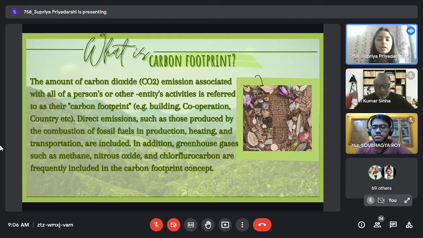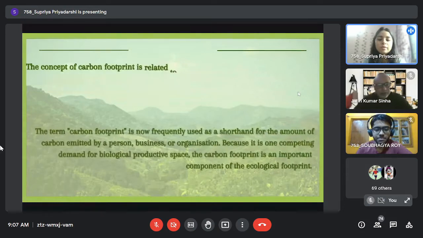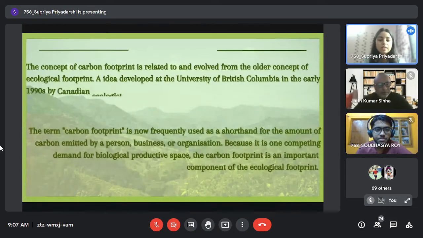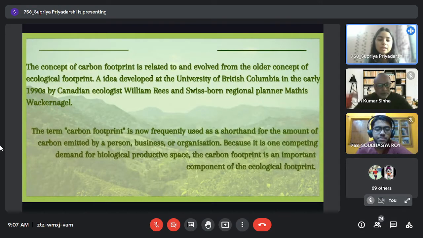In addition, greenhouse gases such as methane, nitrous oxide, and chlorofluorocarbons are frequently included in the carbon footprint as mentioned earlier. The concept of carbon footprint is related and derived from the older concept of ecological footprint, a concept created in the early 1990s at the University of British Columbia by Canadian ecologist William Rees and Swiss-born regional planner Mathis Wackernagel.